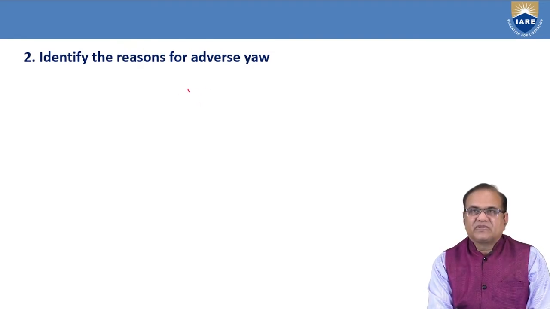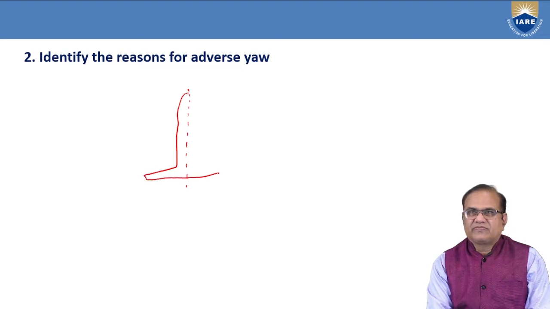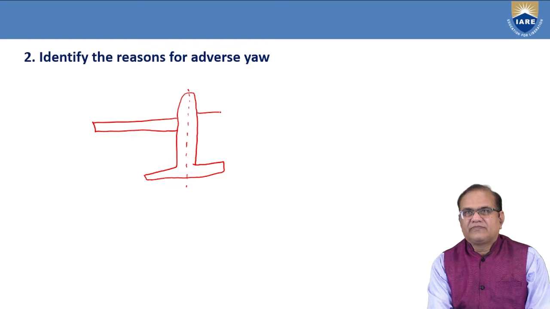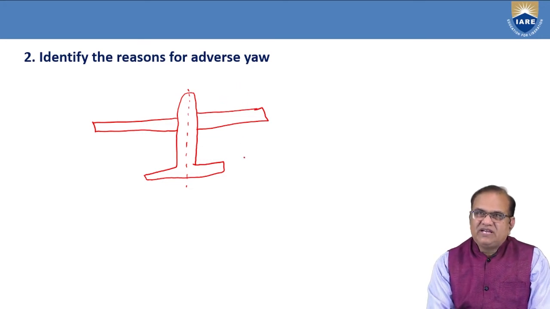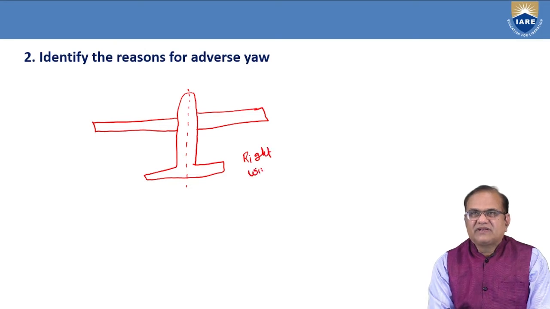Adverse yaw. Okay, so this is the right wing, I am writing right wing. This is the left wing.